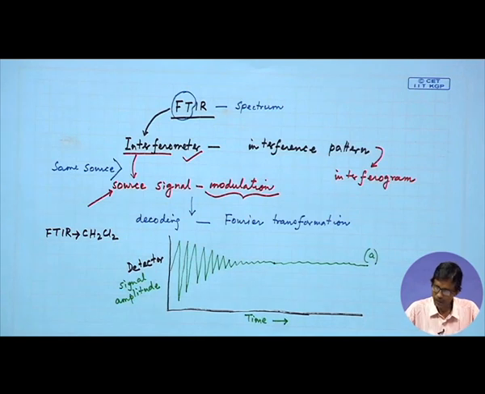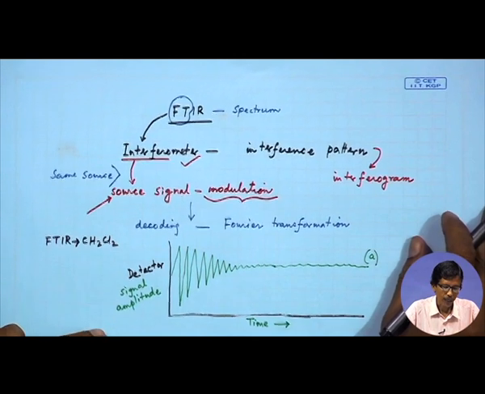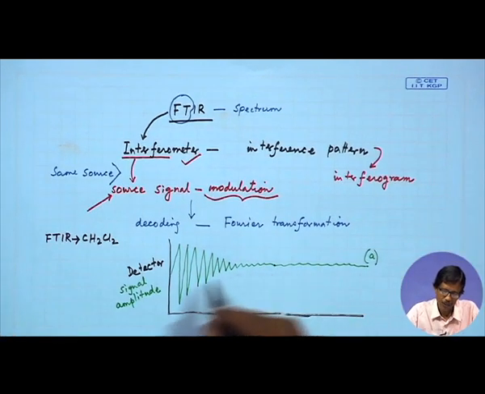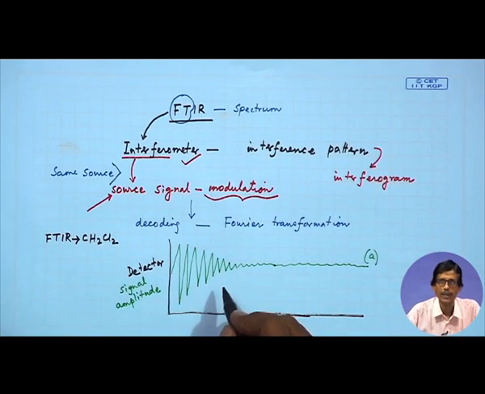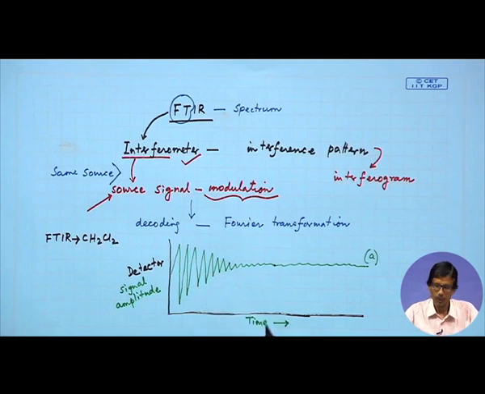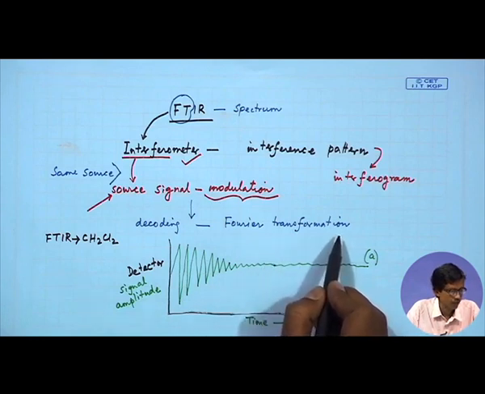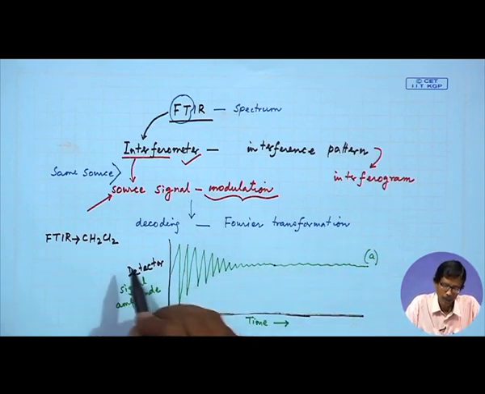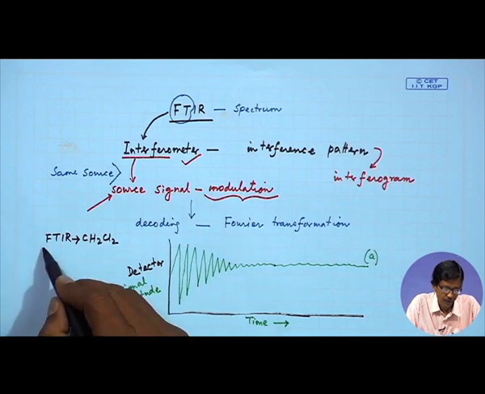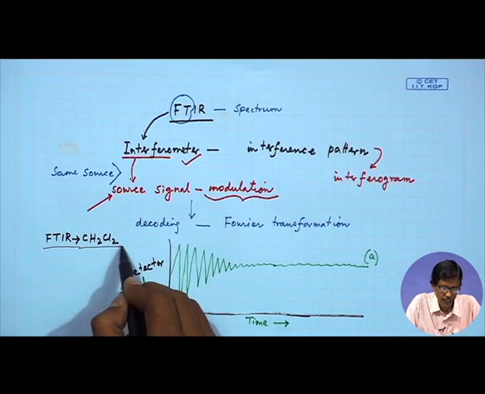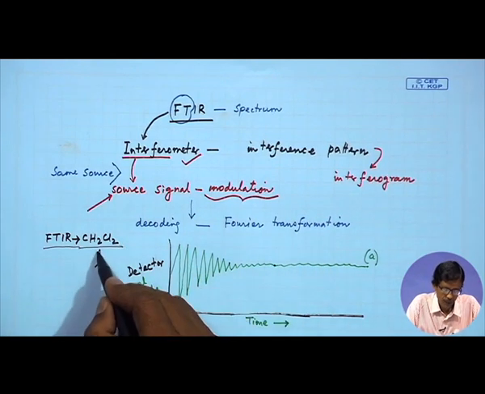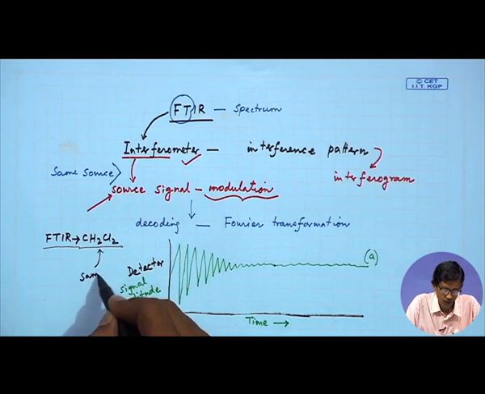The interferometer is basically giving us this, and we can consider and tell this as the corresponding time domain FTIR spectrum. This time domain spectrum can now be decoded by Fourier transformation of the signal we get, for your corresponding FTIR spectrum for the sample, which is dichloromethane.